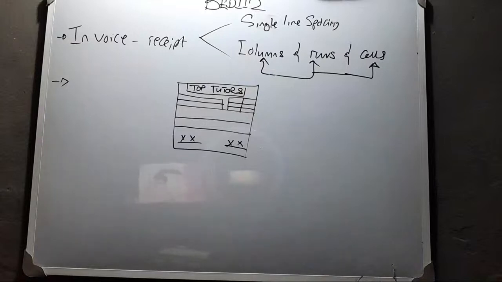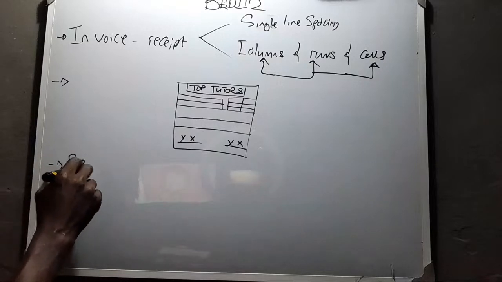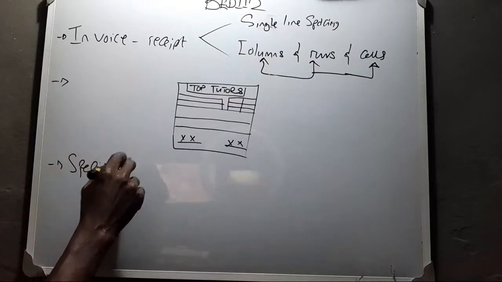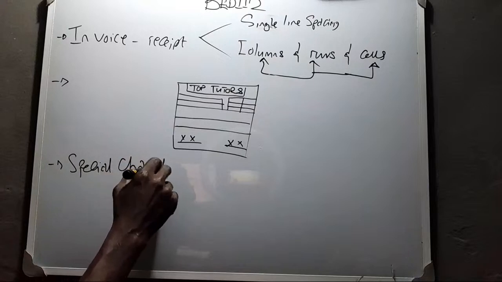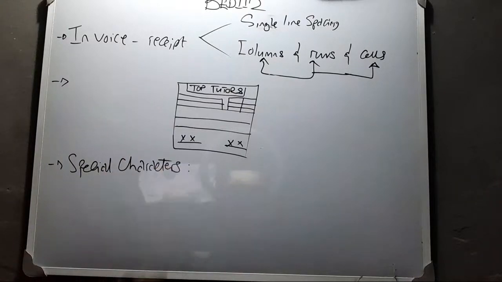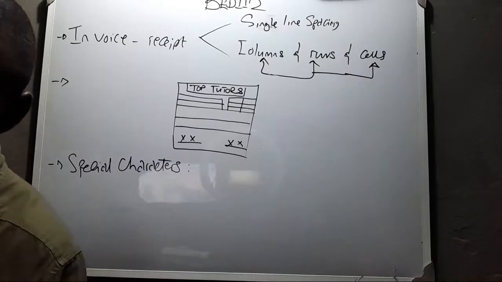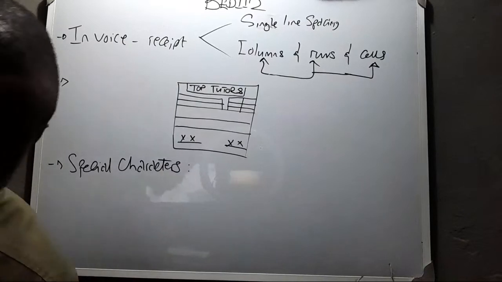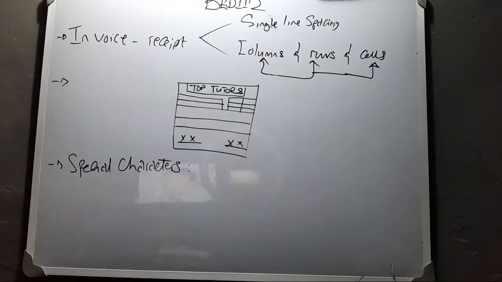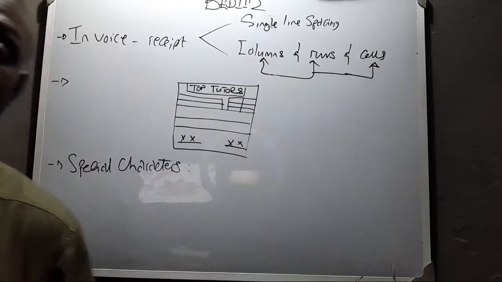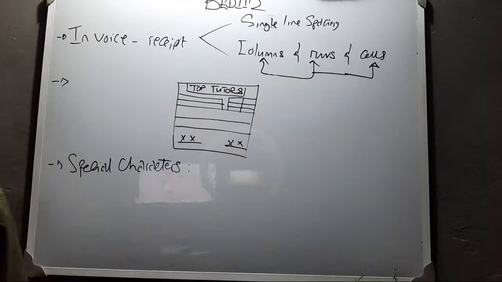So now let's proceed. Now we have special characters. When we talk about special characters, if we are writing, we'll come across certain things where we need to apply special characters, and those special characters are not something you can just see on the superficial level.